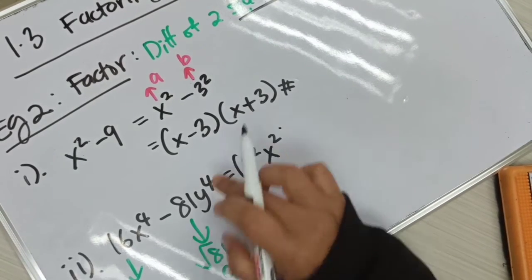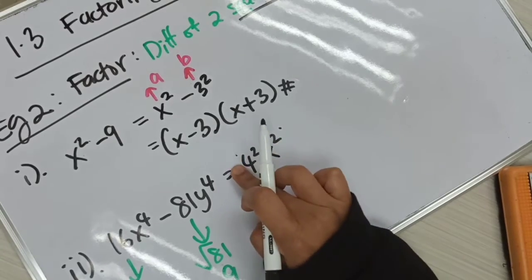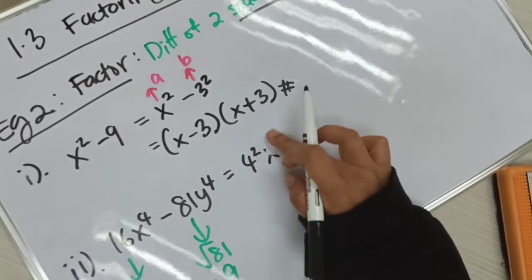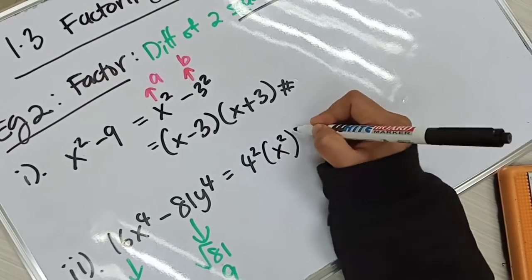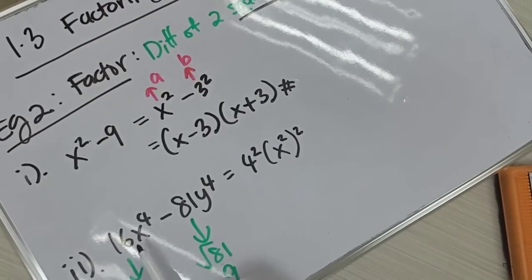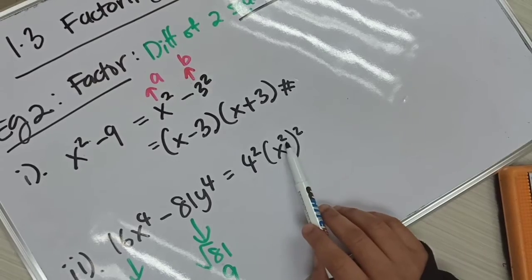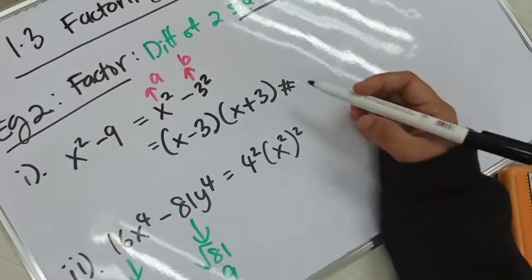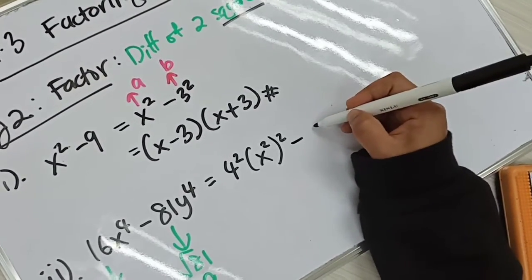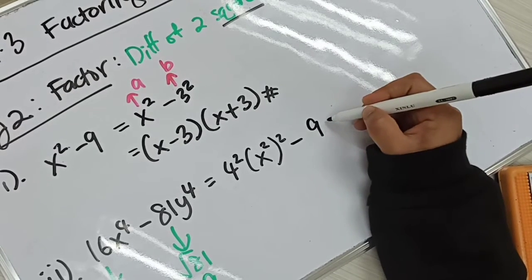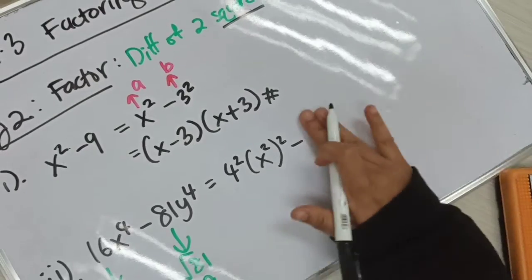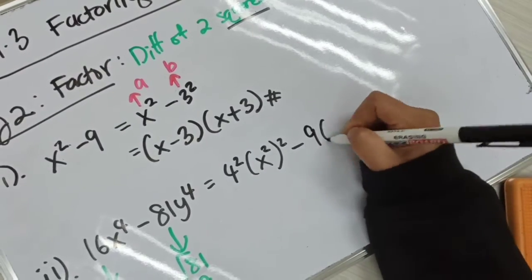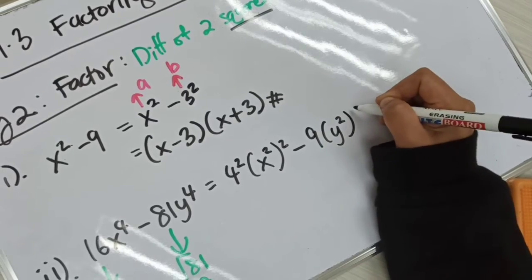So it becomes 4 square x square, all in brackets. Now we have x power 4, so when we multiply 2 and 2, we get 4, minus 9 y power of 2.